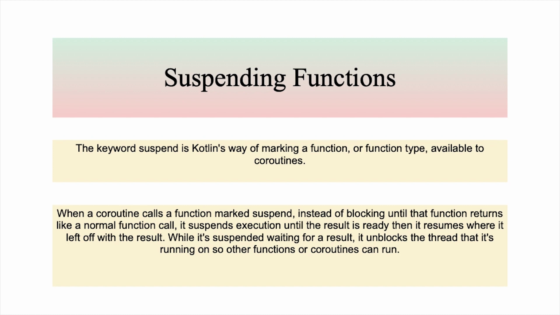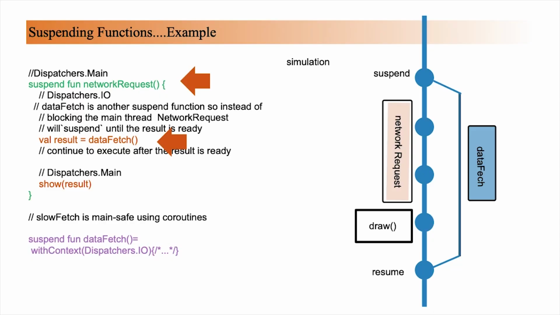coroutines can run. In this example, we have a data fetch suspend function with a coroutine running in the input output thread and a network request suspend function running in our main thread.